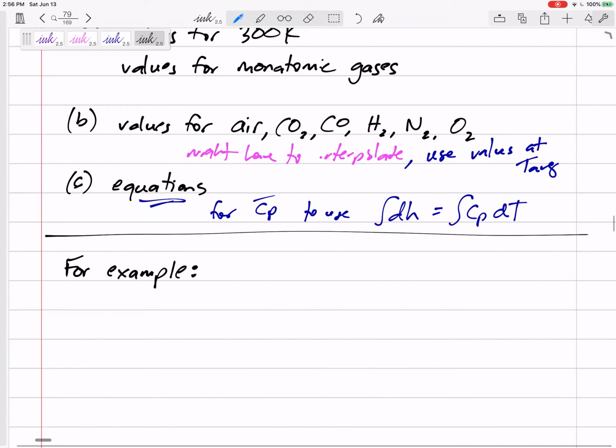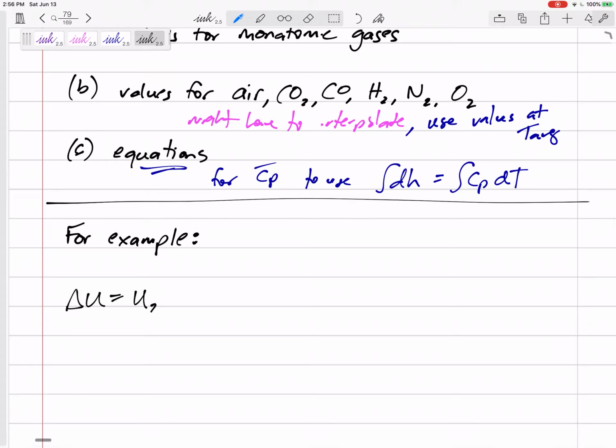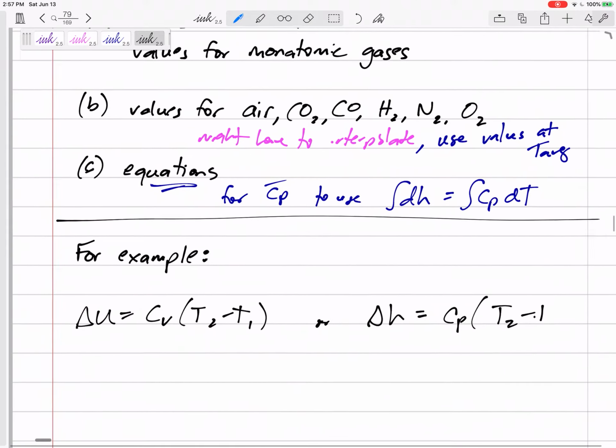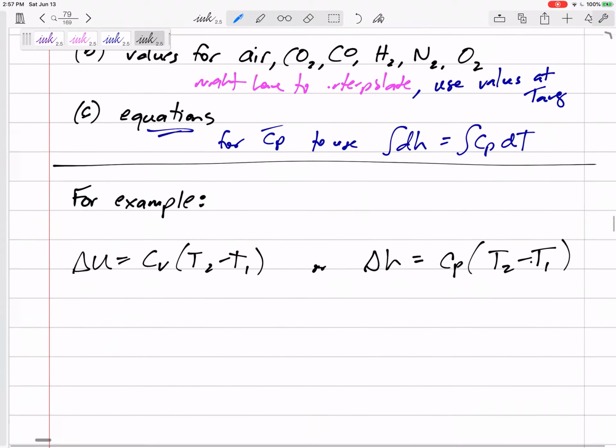So, for example, if I want delta U, my old method was finding the U from the property tables, but now my new method is CV times (T2 minus T1). Or maybe I'm trying to find delta H. My old method was property tables, and my new method is CP times (T2 minus T1).